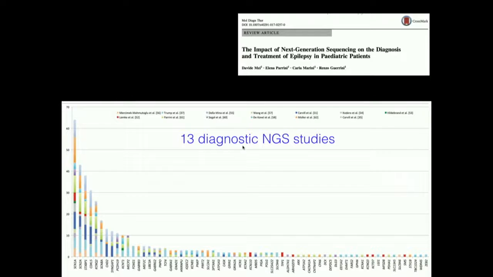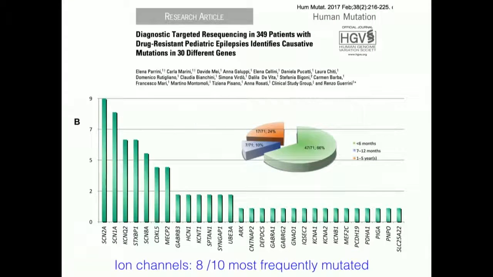You can see here that ion channels tend to cluster in the beginning of the schematic, where most patients are represented. And this is a personal series. These are 349 consecutive patients with all epilepsy types, which might have been genetic in origin, so there was no obvious etiology.